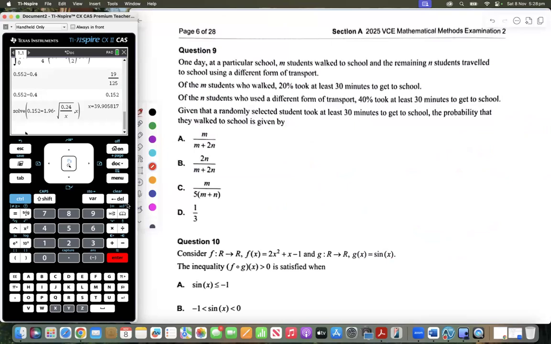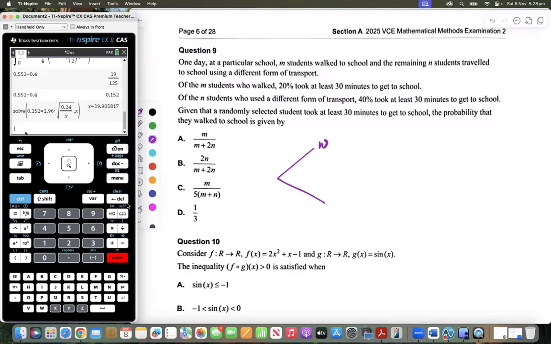How students walk to school? It's a three-item question, a standard question actually. Travel to school, different transport method. You have two branches, right? The first branch is you're walking. This is the walking branch.